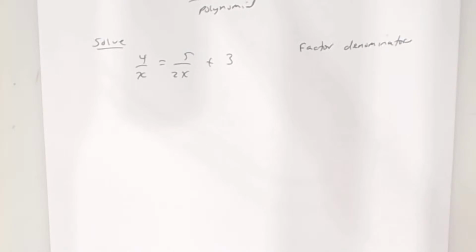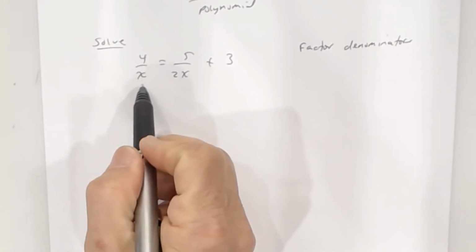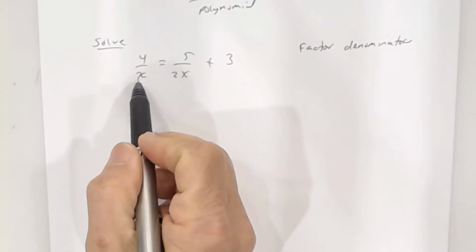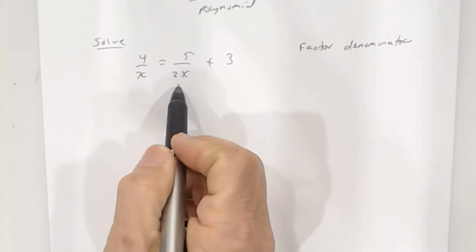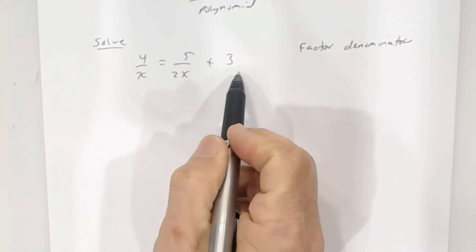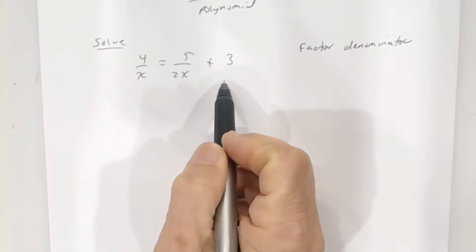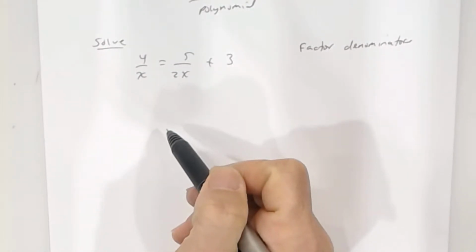Okay, so if you look at your denominator, these are considered monomials. Because how many terms do you see? One. This is a monomial. What is this denominator right here? One. It's a monomial. When they're monomials, it's easy to determine the LCD.